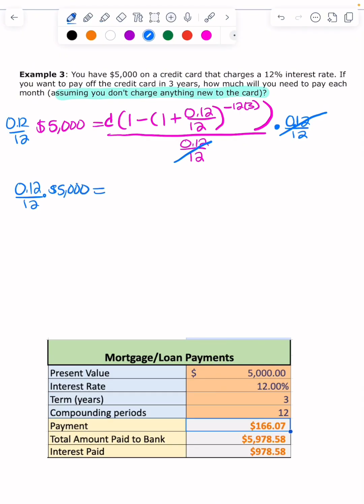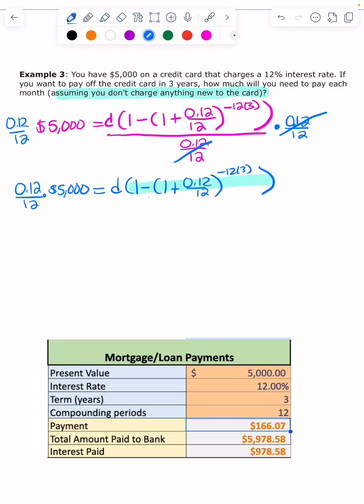Don't worry about it. Equals D parentheses 1 minus parentheses 1 plus 0.12 over 12 parenthesis to the negative 12 times 3, close parenthesis. And then we can put everything inside the parenthesis in the calculator.